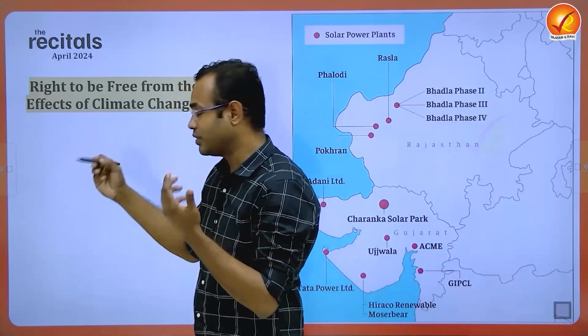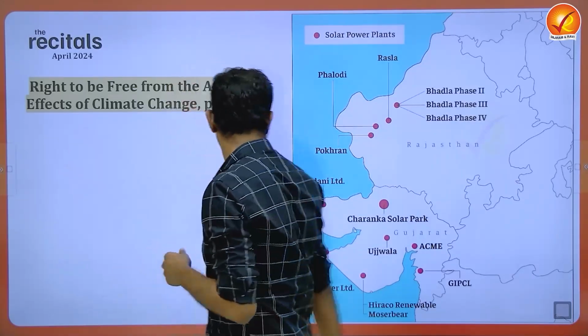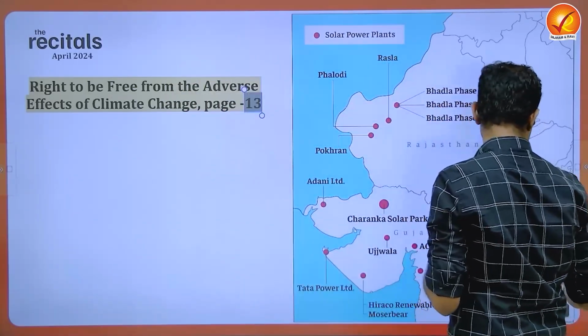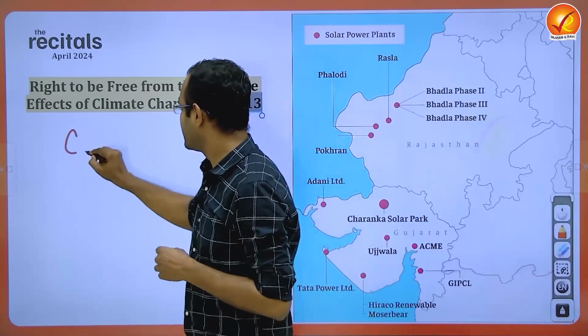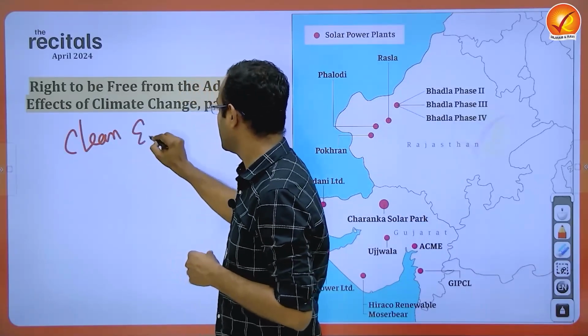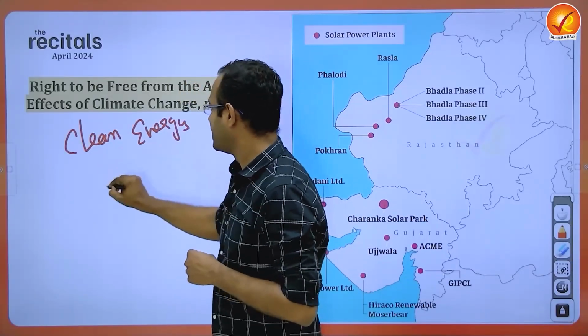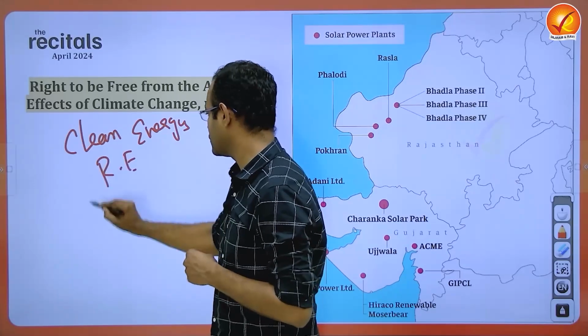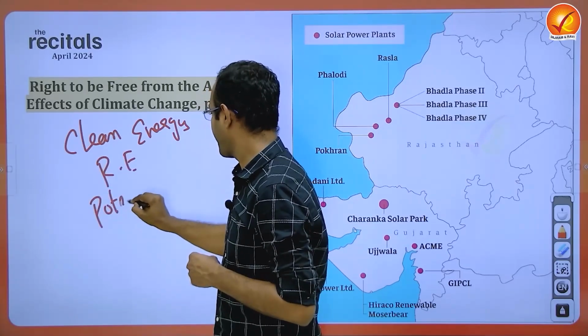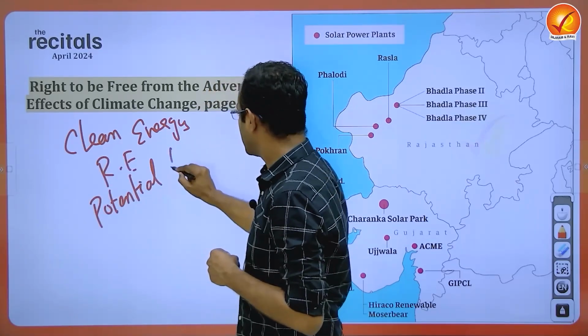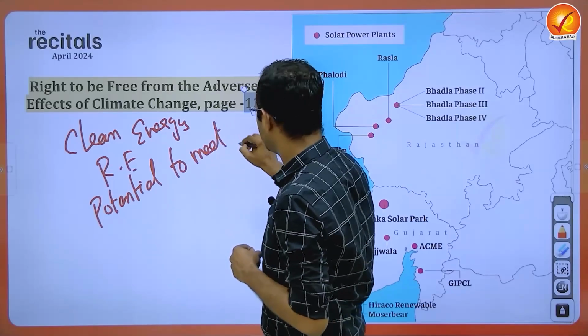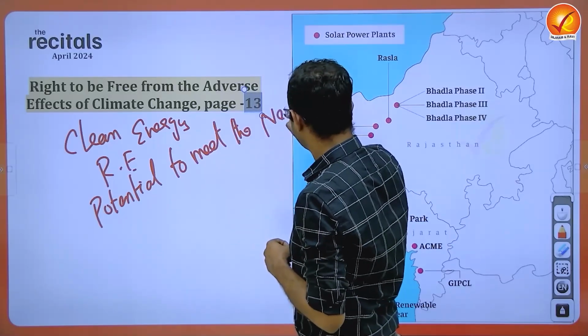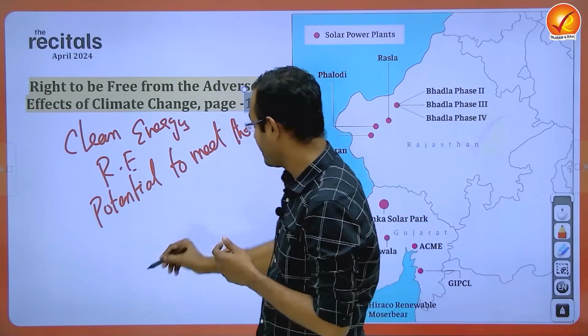If I have to look at the angles of it, this will come under clean energy from the mains point of view: clean energy, renewable energy source, potential to meet the needs of the population, right.